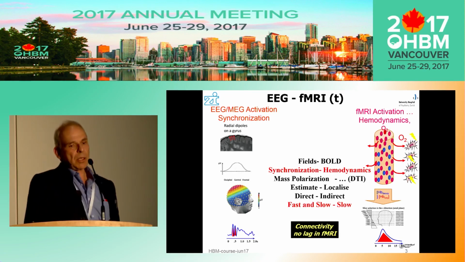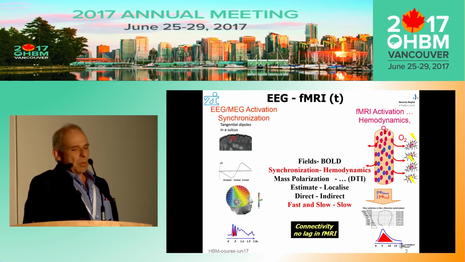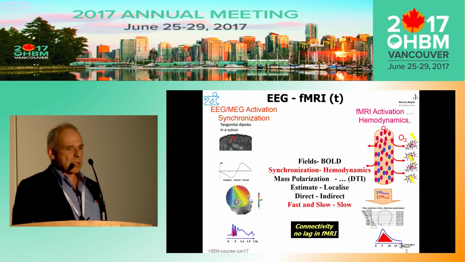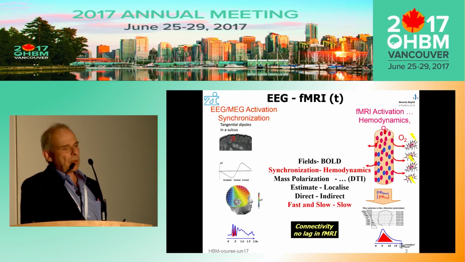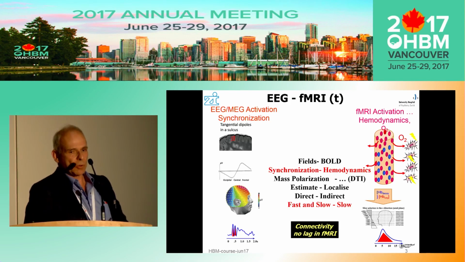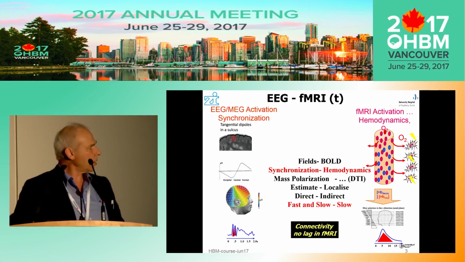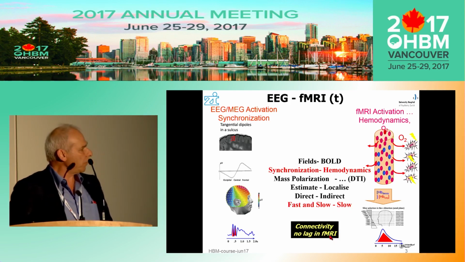I also want to start out by noting that in the field of fMRI, where connectivity came a bit later than with EEG but is becoming very important, the initial approaches to connectivity were really plain correlations, and lag was not something that was considered.